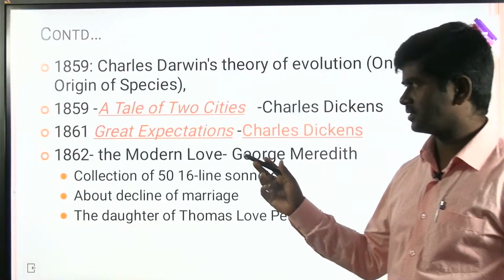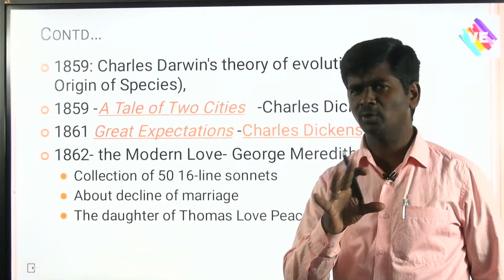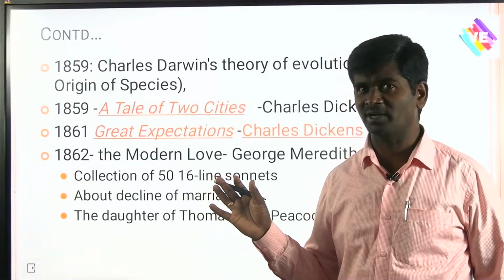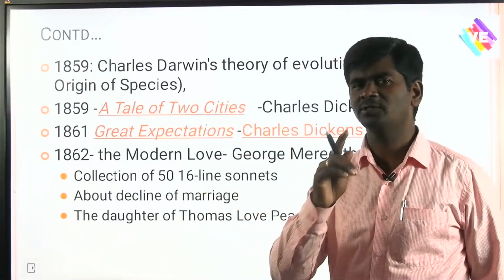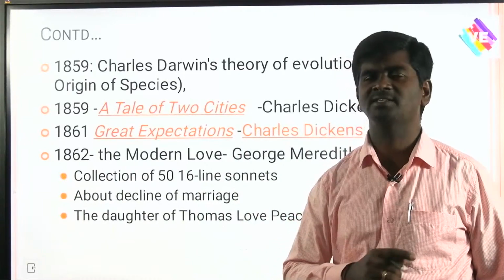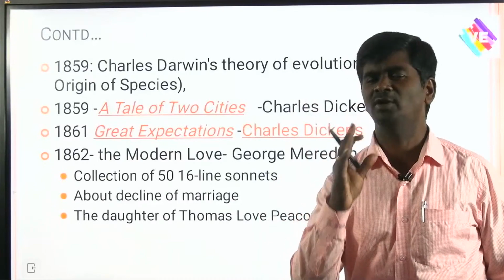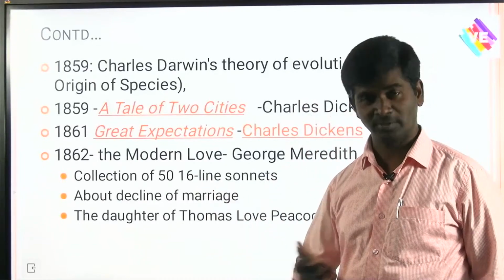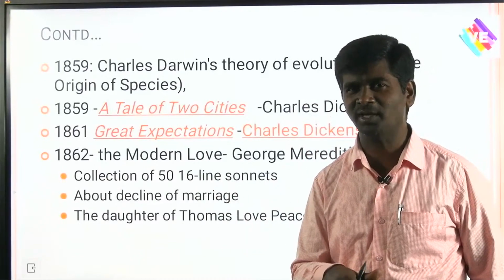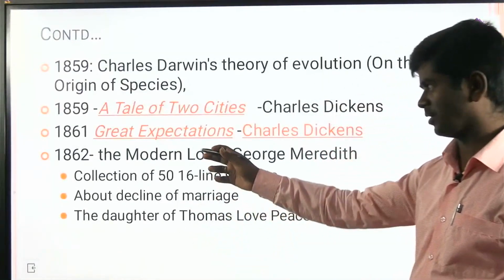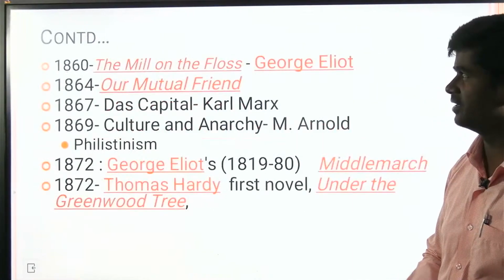And Modern Love, which includes 50 important, this is also a sonnet cycle or sonnet sequence, my friends, remember. So this is all about the decline of the marriage system, love, marriage, failure. 3 important things that he actually talks about in Modern Love. That's what is actually happening today in the modern world, you can see. And that's what the daughter of Thomas Love Peacock, who is the wife of George Meredith.